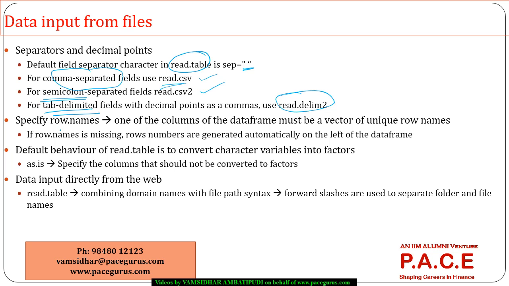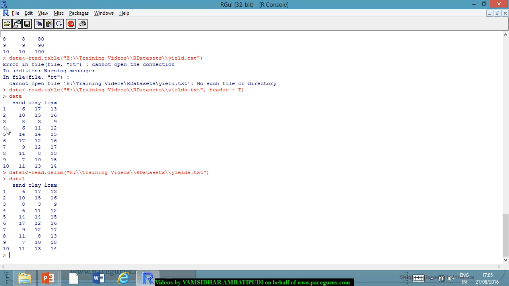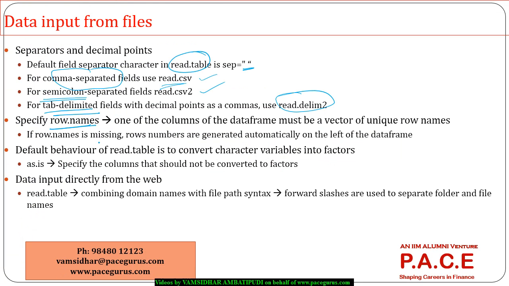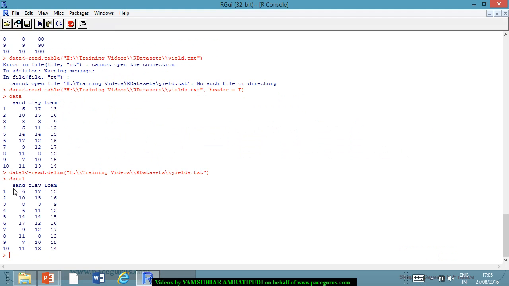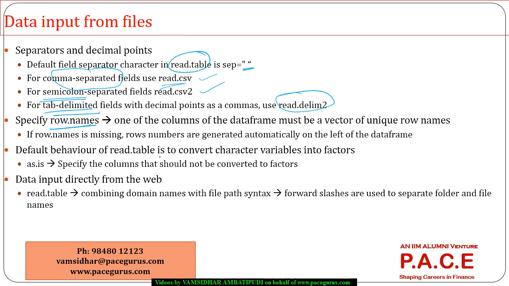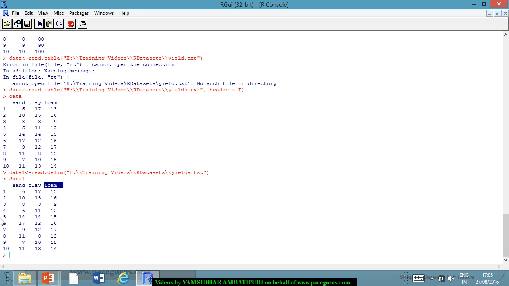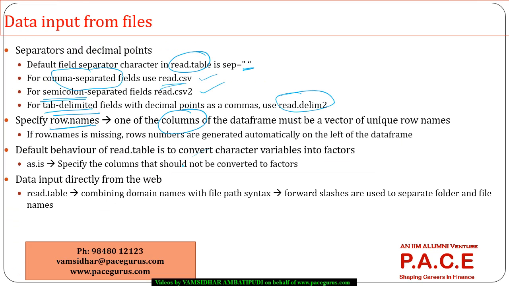And if you want to specify the row names, right now if you see when you have read the data, it is putting the names as 1 to 10. If you want to put some kind of row names, either this column's values or this column's values or this column's values, then one of the columns of a data frame, so it could be one of these three columns, should be a vector and the values need to be unique.